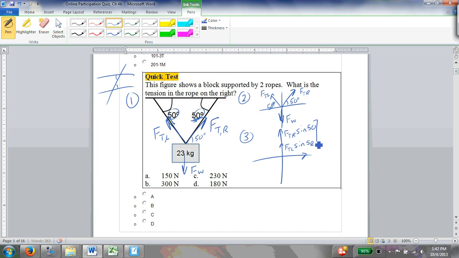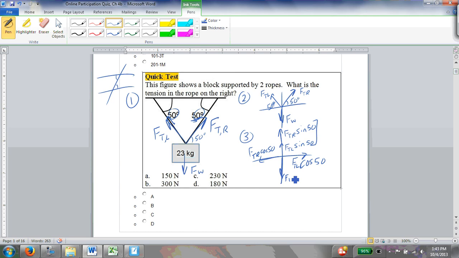Those are the y components. And then I have down here FTL cosine of 50. Over here I have FTR cosine of 50. And then down here I have FW.